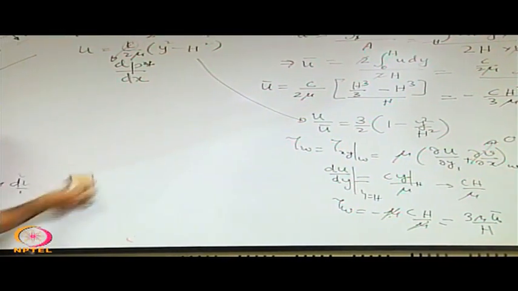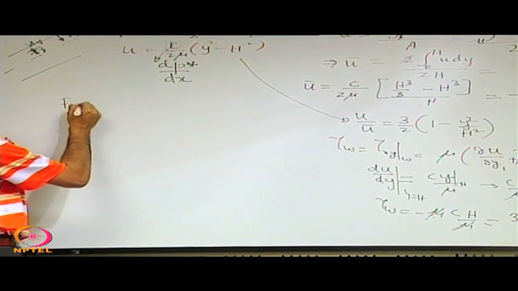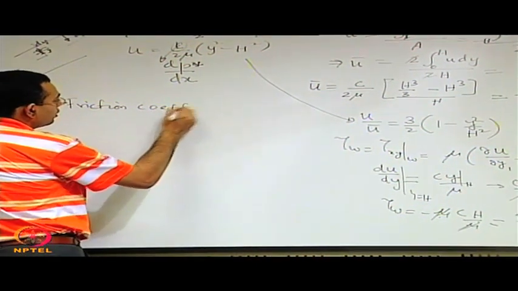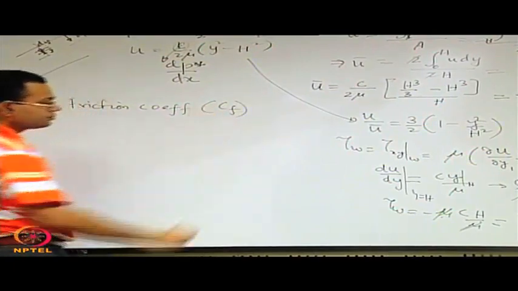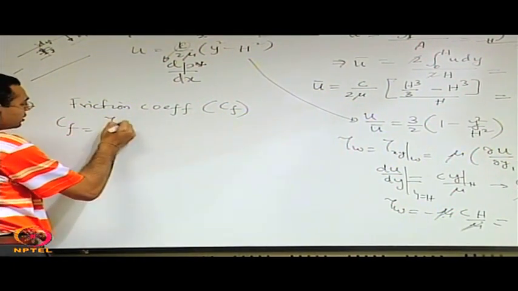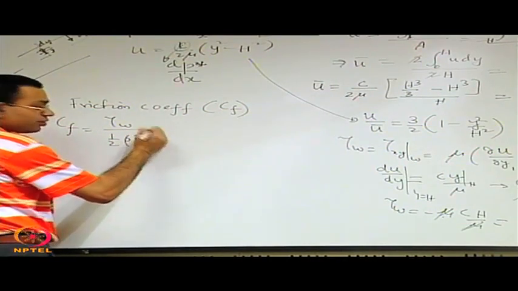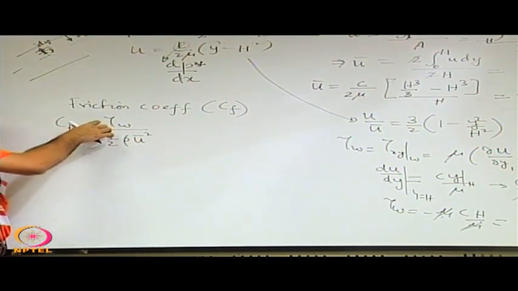So friction coefficient, say Cf, that is defined as a non-dimensional form. So, wall shear stress divided by half rho u average square. See, rho into velocity square is a unit of pressure, stress is also unit of pressure.